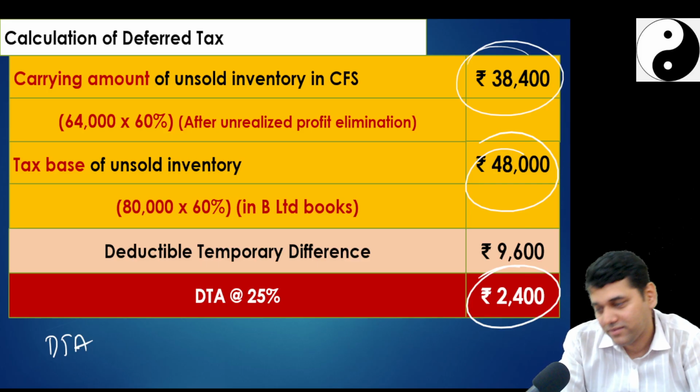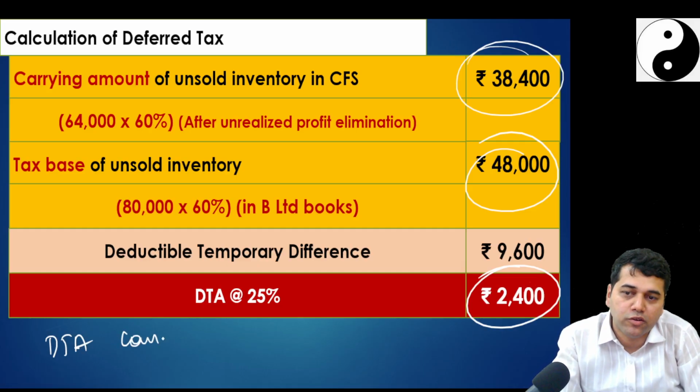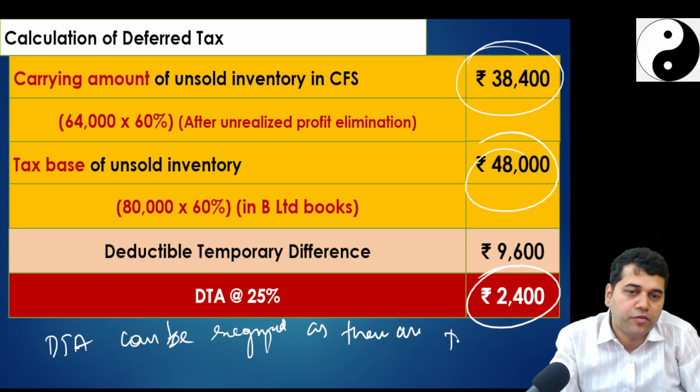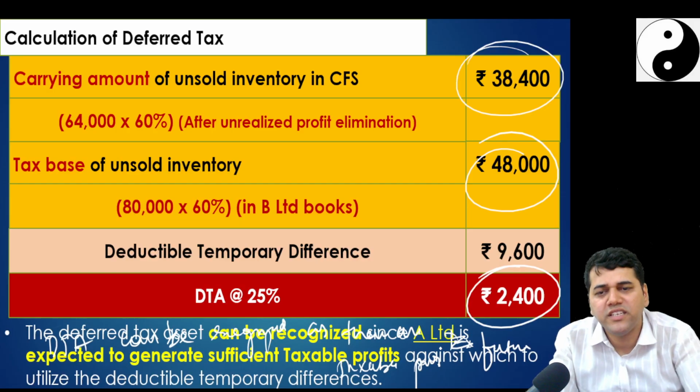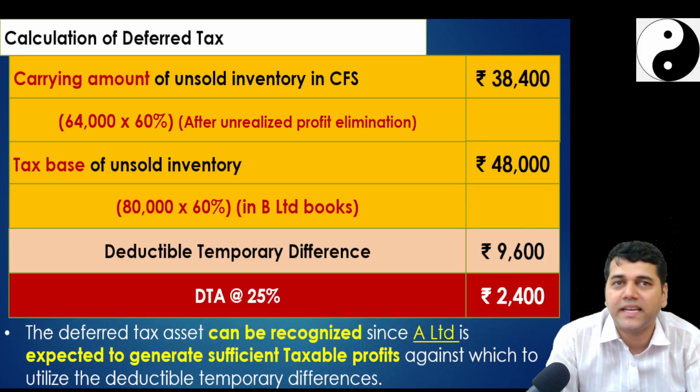Perfect? Yes. The deferred tax asset can be recognized as there are future taxable profits. They didn't speak about the classification and where it will go. If you want, you can write it here.